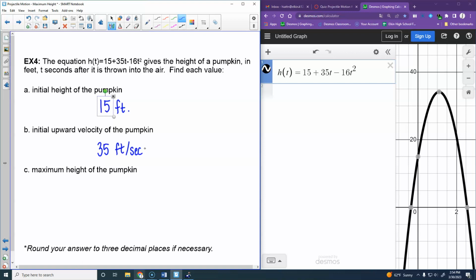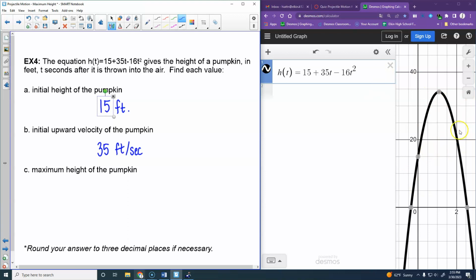And Blakeland, if I want to find the maximum height of this pumpkin, what am I going to do? Okay, so we're going to use a graph for this. So if I go over here to the graph, where would the maximum be on that graph?